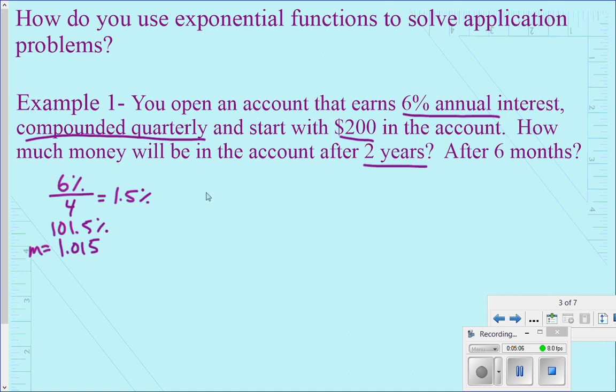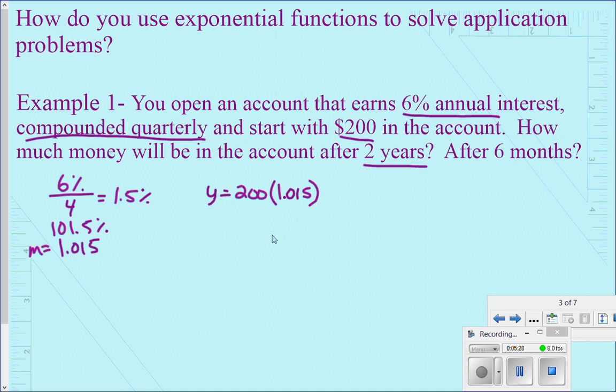So now I'm going to put $200 at 1.015 for the multiplier because that's quarterly, and I'm going to raise that to the time, which remember the multiplier and the time have to match. So if this is a quarterly multiplier, which it is, then the time has to be number of quarters.